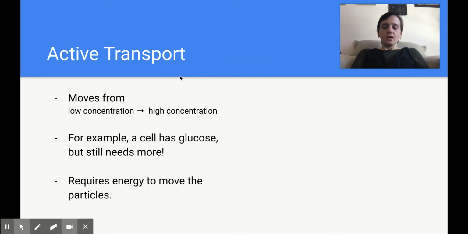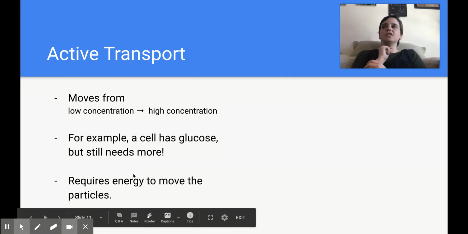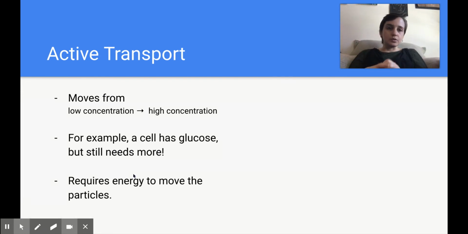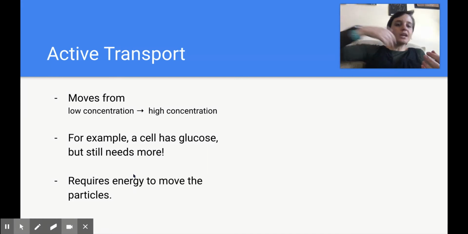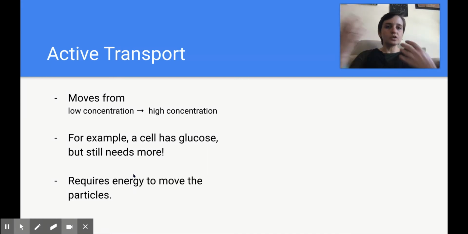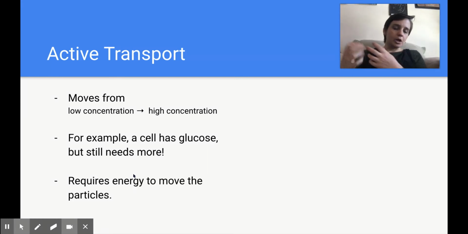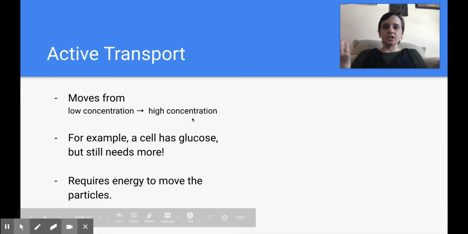If your cell is using glucose to do cellular respiration, it needs more glucose. You could have plenty of glucose, but it could just be getting more and more and more. And it would take energy to do that.